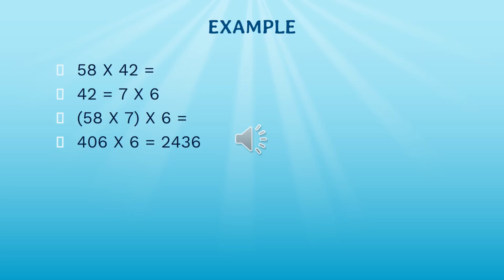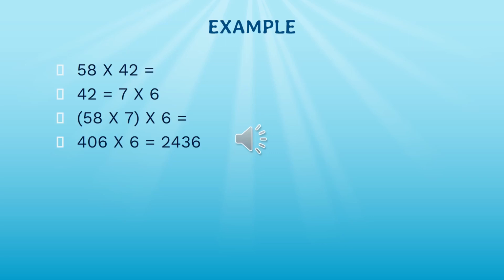Okay, so I'll proceed with the first set of factors, 58 times 7, and that can be done mentally by multiplying 7 times 50 and 7 times 8. 7 times 50 is 350, 7 times 8 is 56. 350 and 56 gives me 406.